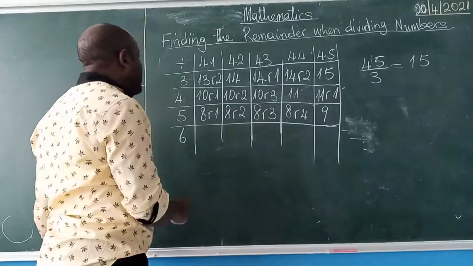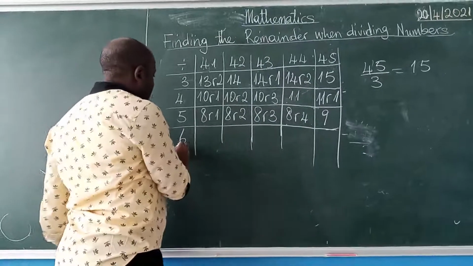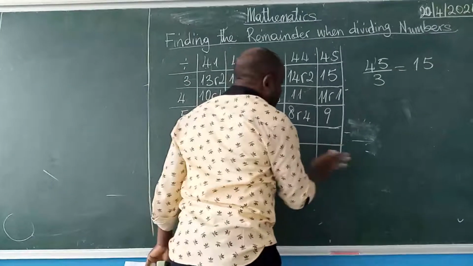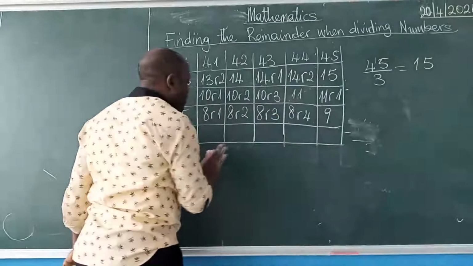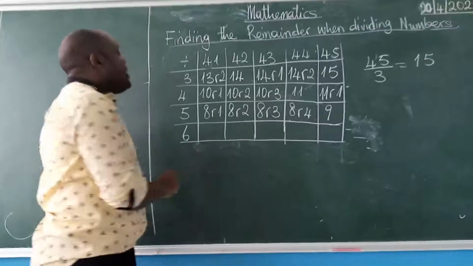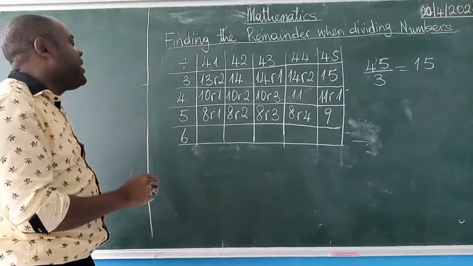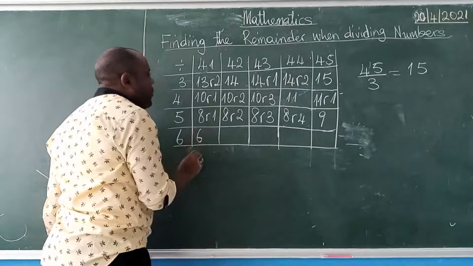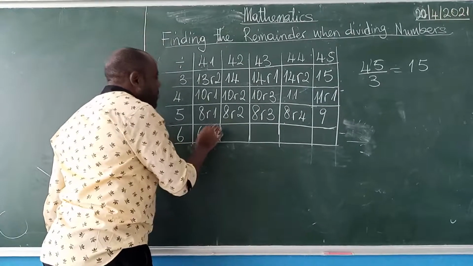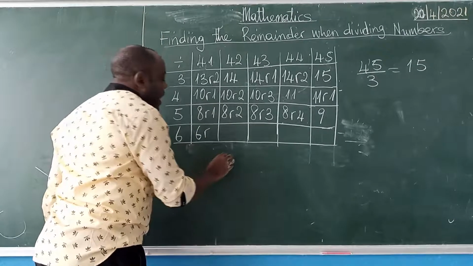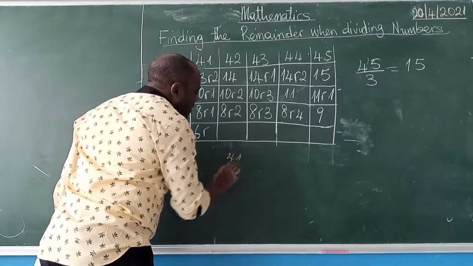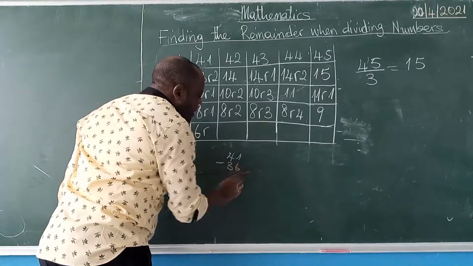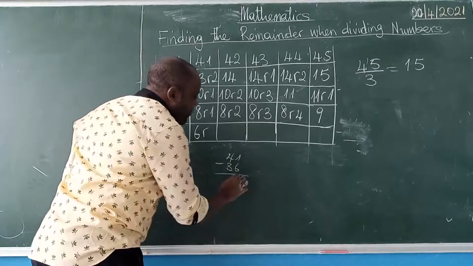If I take 6, the nearest whole number to 41 will be 36. So it will be 6 times, remainder: we now have 41 take away 36 gives me 5.